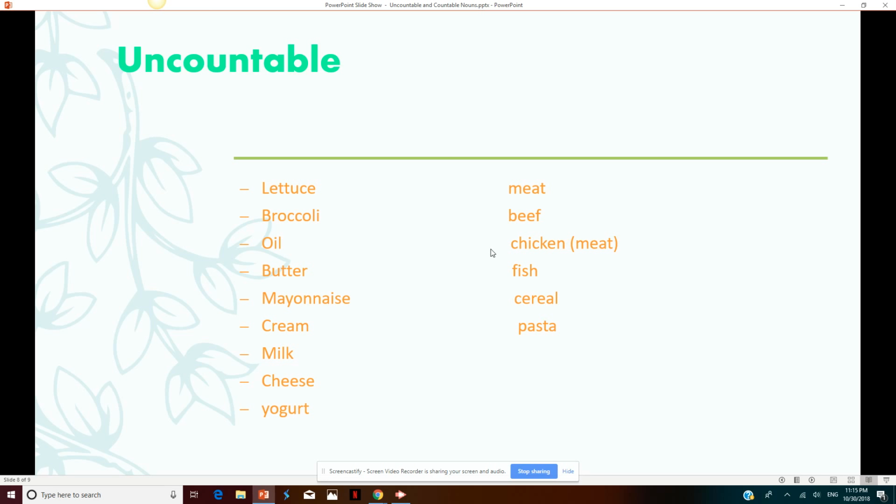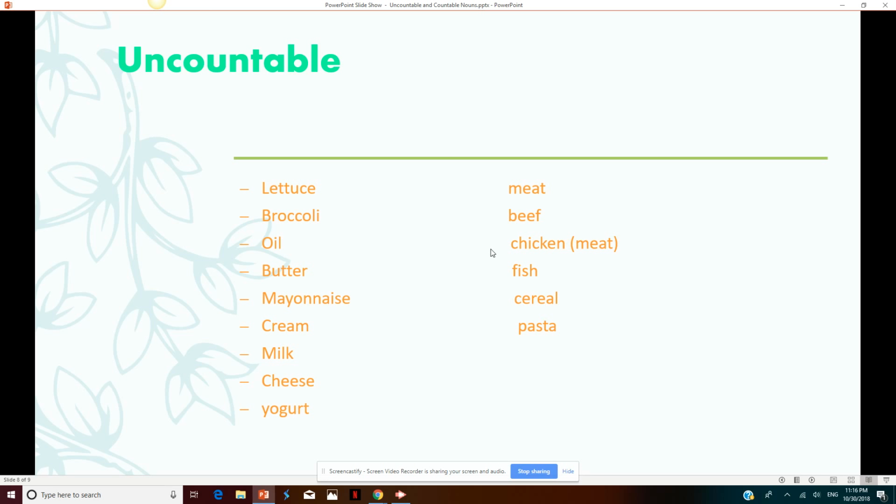We're never going to put an S in chickens when we talk about the meat. But let's pretend we are in a farm and then we are counting chickens, they are alive and they're moving as a whole thing, then we can put plurals like one chicken, two chickens.